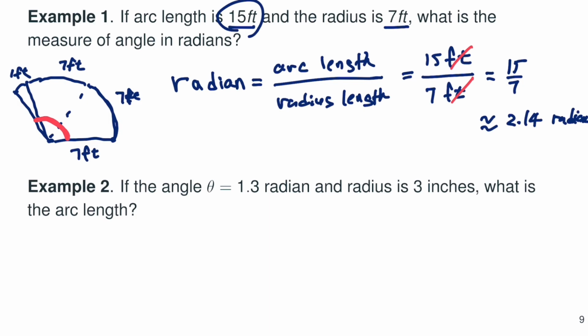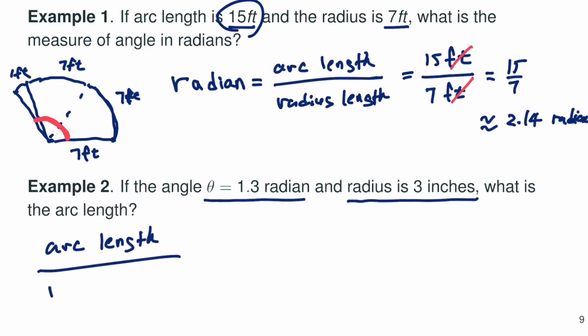Example 2. If the angle theta is 1.3 radians and the radius is 3 inches, what is the arc length? So we use this idea again. Let me write it again. It tells us that arc length divided by radius length equals 1.3.